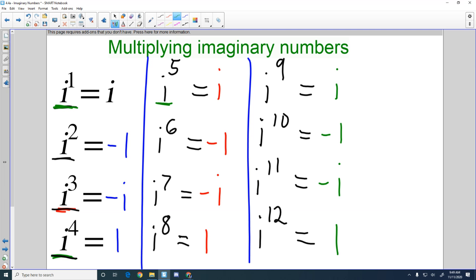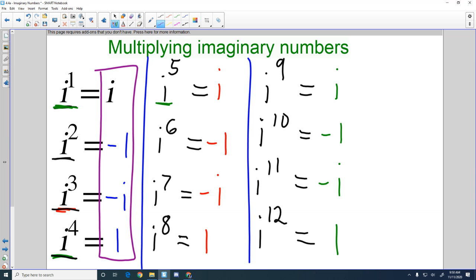So you don't need to worry about multiplying out all these square roots of negative 1. Essentially, you only need to know these 4 options, okay? Because that's all that it's going to be. I to the 3,892 is going to be one of these 4 options. It's going to equal either I, negative 1, negative I, or positive 1.